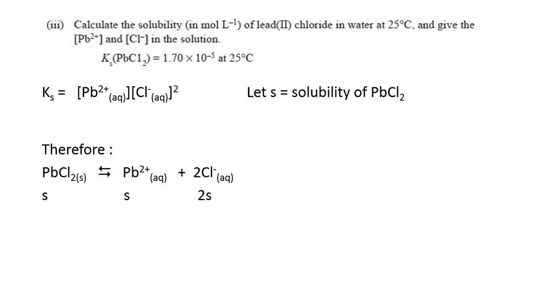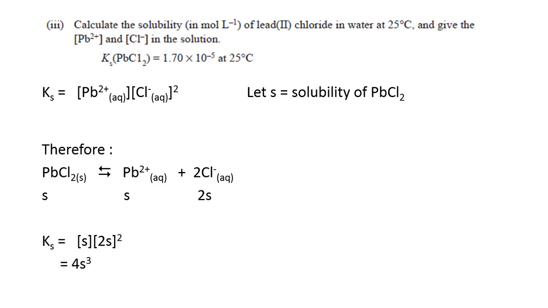So from that, if I substitute those S's into my Ks expression, I get Ks is equal to S times 2S squared. And if I expand that out, I get 4S cubed.